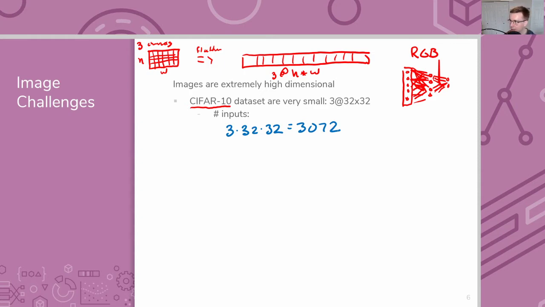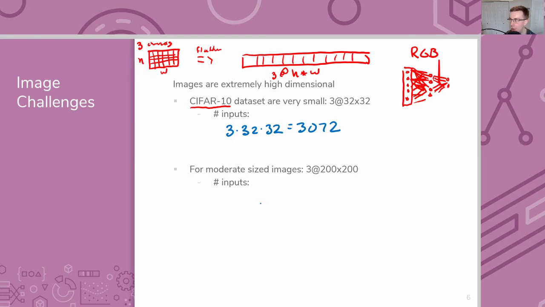Now, a 32 by 32 image is very, very small in the grand scheme of things. When you look at actual pictures, they might have thousands of pixels by thousands of pixels, or maybe hundreds of pixels by thousands of pixels. And even with this tiny, tiny image, we already have 3,000 features that we're going to have to use as our inputs. Now, for moderate-sized images, this gets much, much worse.